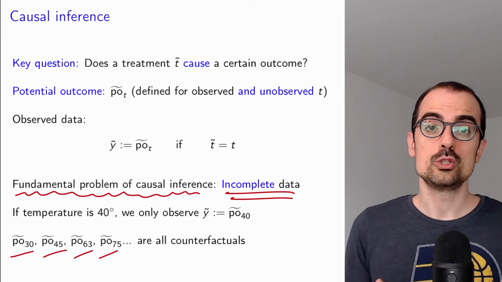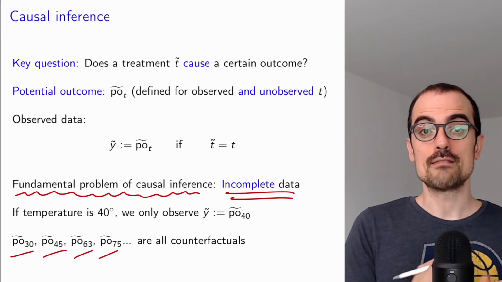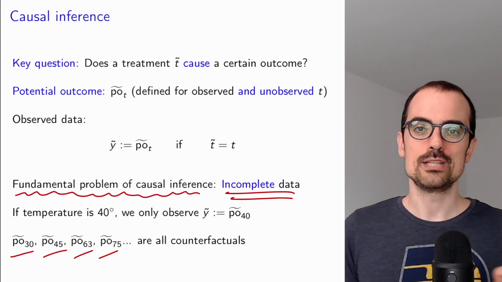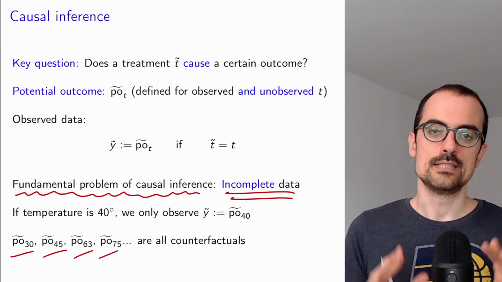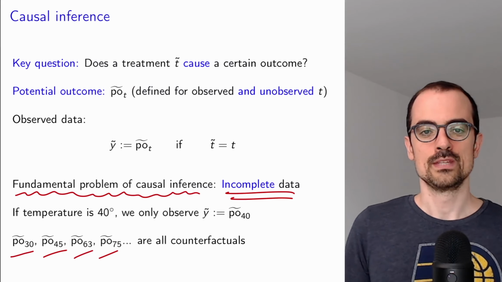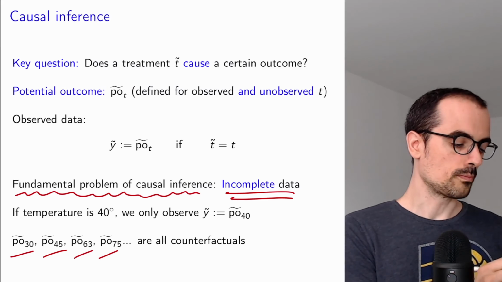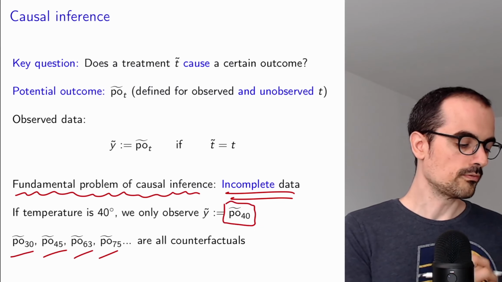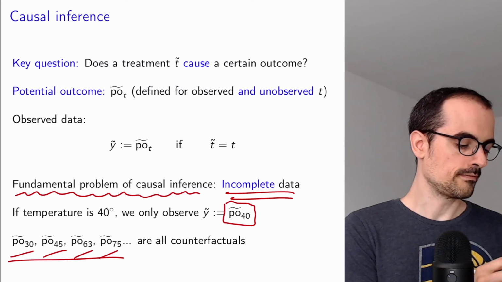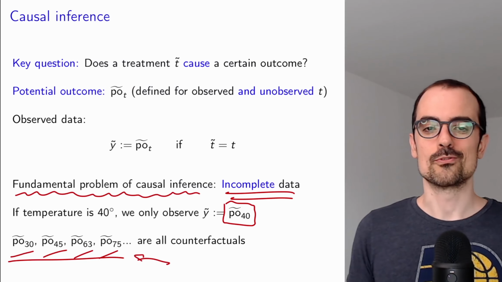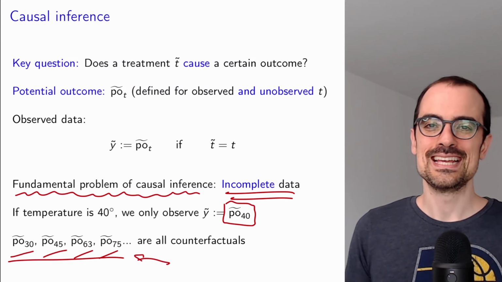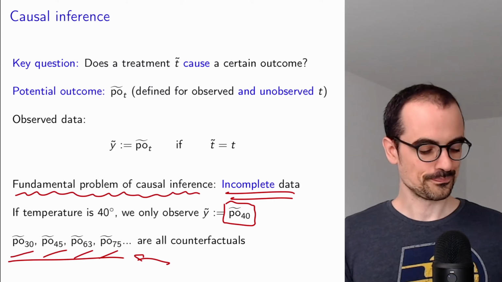However, we're only going to be able to observe the outcome for one specific value of the treatment for each data point. In the case of last month, whatever the mean temperature last month was. If it was 40 degrees, we're going to observe the potential outcome corresponding to 40. We're not going to observe everything else. And that is the fundamental problem of causal inference. That is why causal inference is a very, very tough problem.